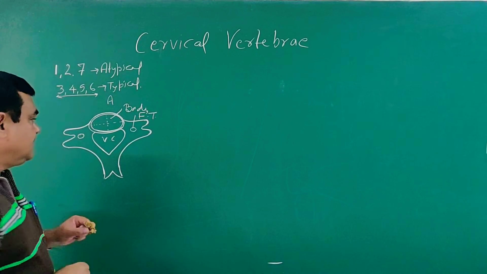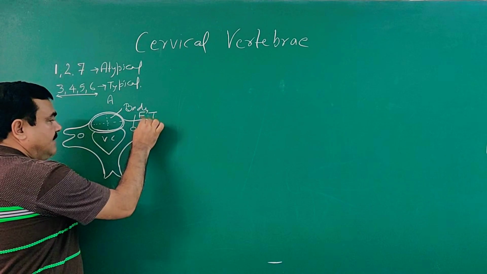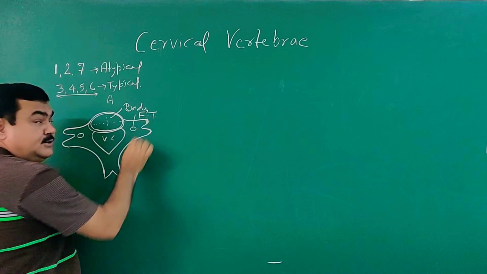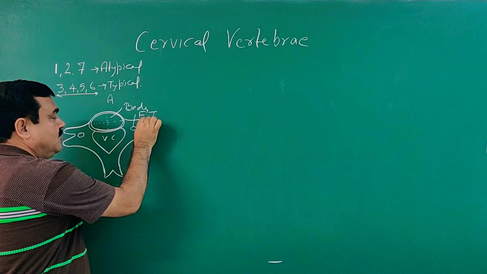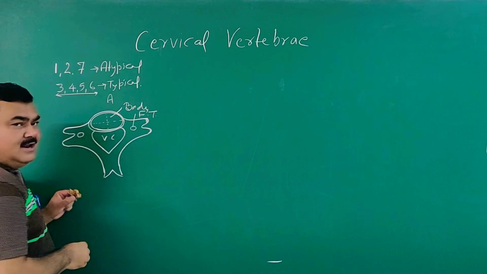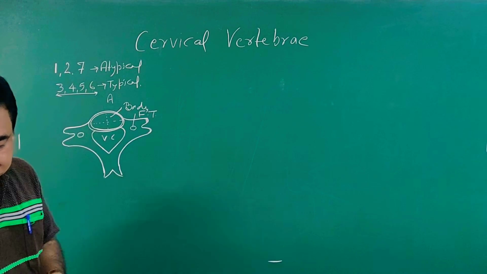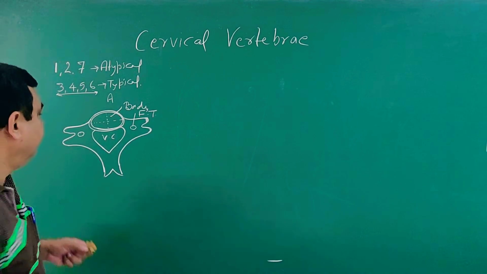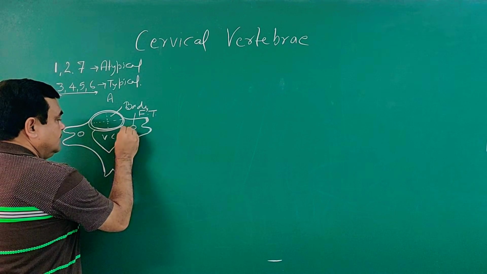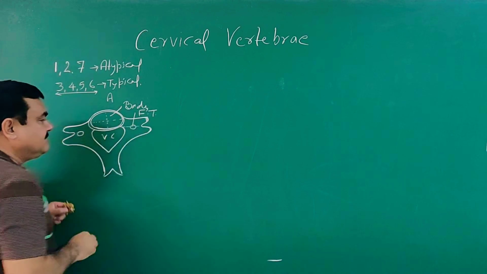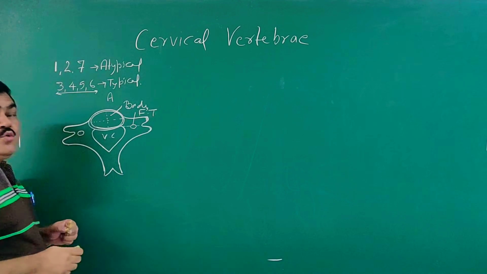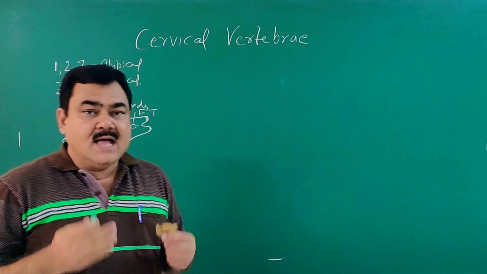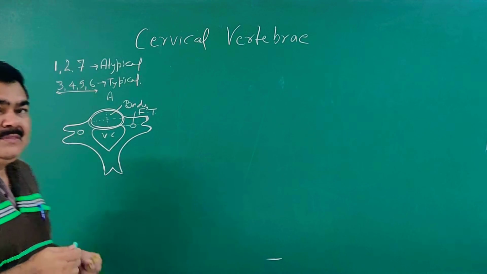In this transverse passage, the terminal part is formed by the tubercles. So this is anterior tubercle, this is posterior tubercle. This transverse passage is made up of 2 components, costo-transverse.